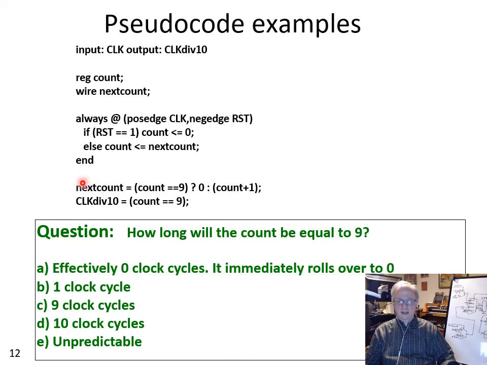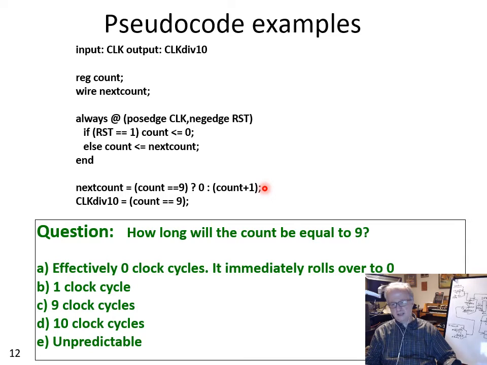And then I have next state logic, which is really simple in this case because the wraparound value is hard coded. So I've just set this thing up to continuously loop from 0 to 9. So when count is equal to 9, next count is 0, else count is count plus 1.